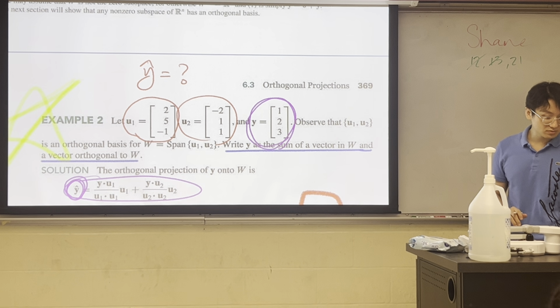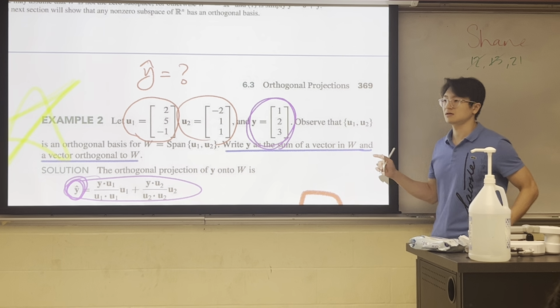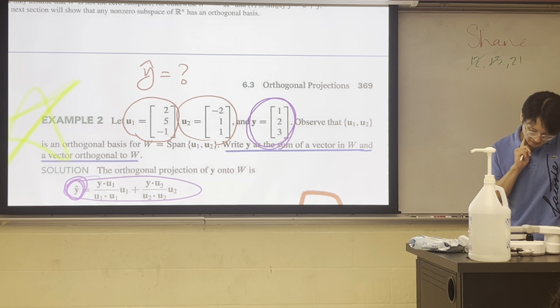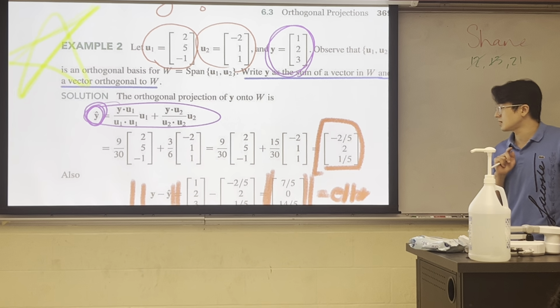What do you have to do? Solve this. Tell me the difference. The last one's the projection onto W, and this one's the combination of y hat plus the error, right? Yes, we had the same answer.